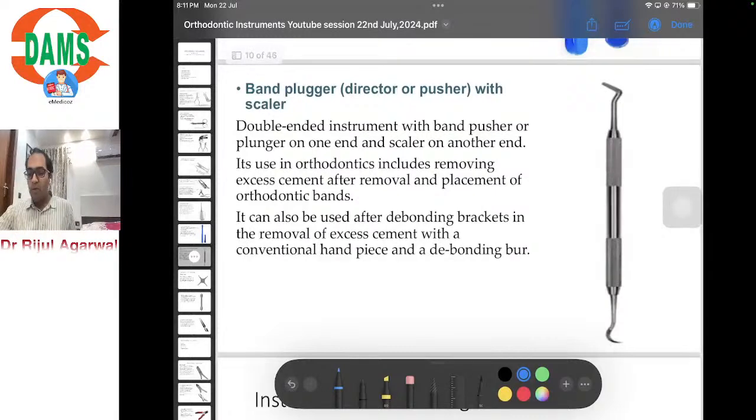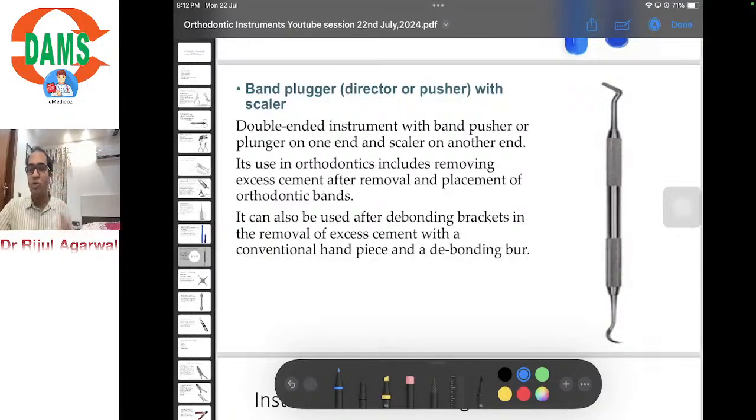Coming to the next, a band plugger, director or pusher with a scaler. It's a double-ended instrument with a band pusher or plugger on one end and a scaler on the other end. It's used for removing excess cement and placement of the orthodontic band.